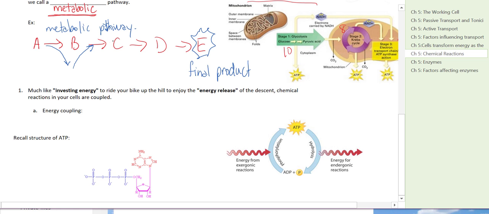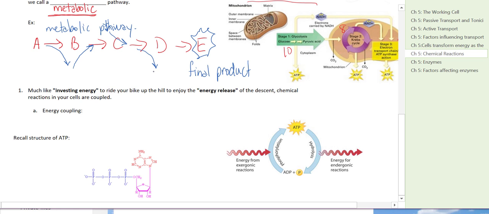And then maybe in step three, you have to put energy in again and get energy out in step D. It all depends on the different reactions. You might have to invest energy in the first three steps to then, down the road, get a payoff of energy out.